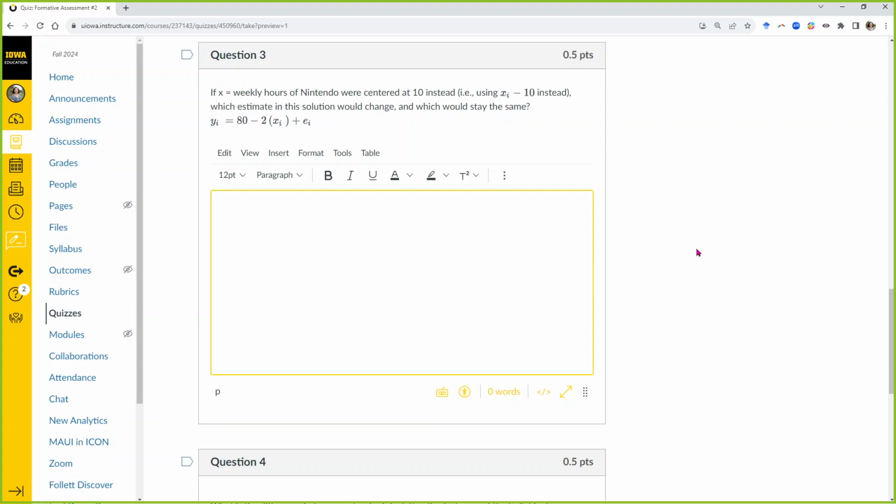For those of you that got 60, you correctly identified that in order to get the new intercept, we need to plug in the value that we're centering at for x sub i. So it would be 80 minus 2 times 10, which would be 80 minus 20, which would be 60.